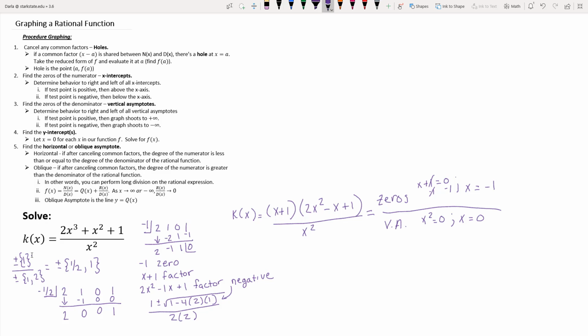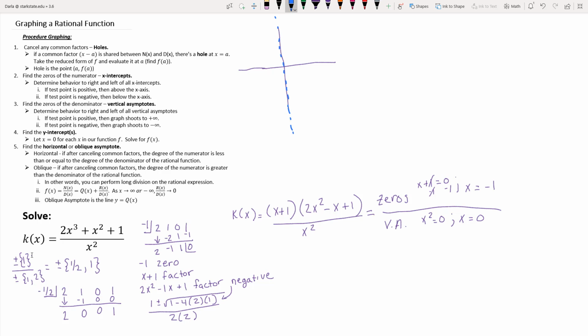So we could start to draw the graph if we want to. We're going to have a vertical asymptote at x equals 0, so I'm just going to draw that in here in blue.